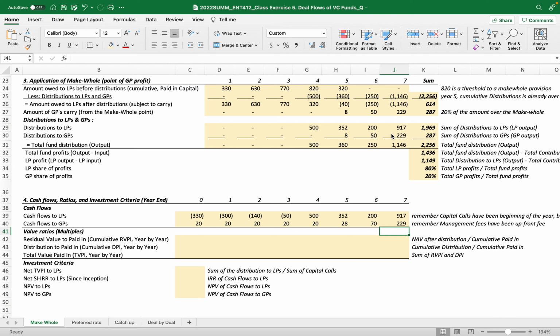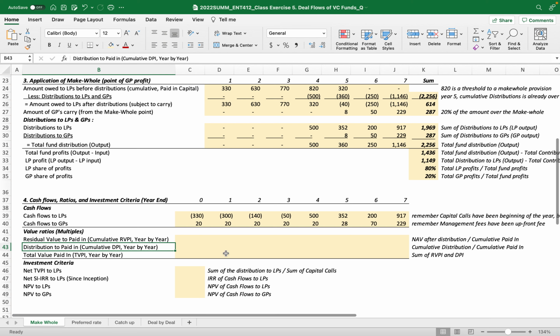Now, value ratios, which are multiples. First, the performance of this fund can be measured in multiples. First, residual value to paid-in, we will calculate the ratios. The multiples from the cumulative year by year, distribution to paid-in, and the total value to paid-in.